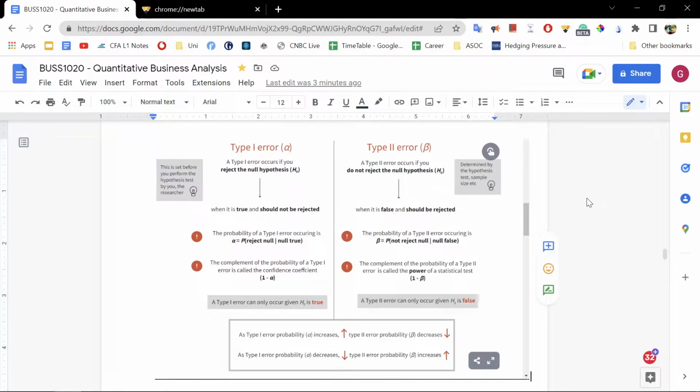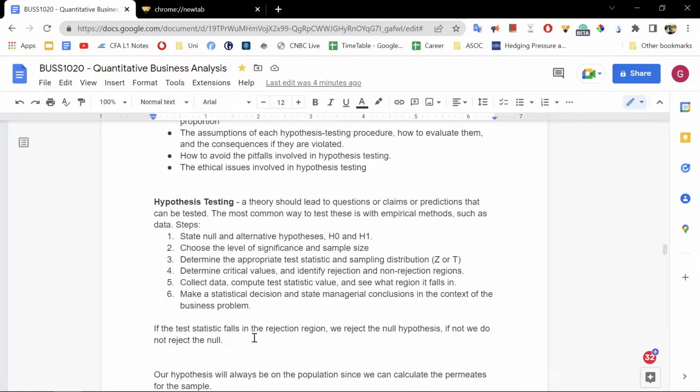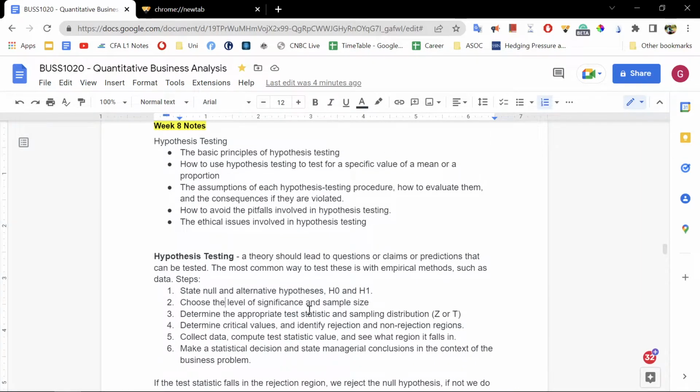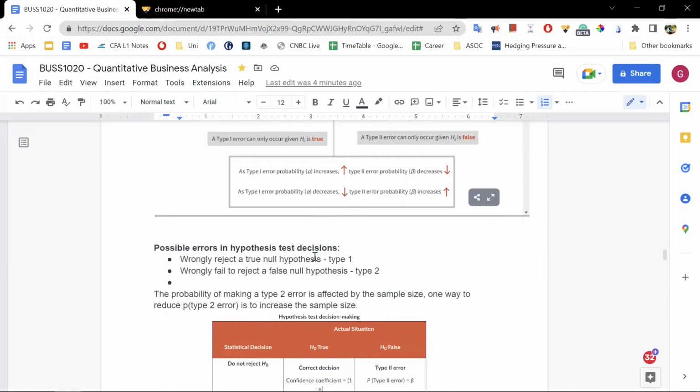We could calculate the probability of a type 1 error and also the probability of a type 2 error. We're not going to be doing that, however you just need to know that you are able to calculate that. The probability of type 1 error is just equal to alpha, which is the level of significance. It is also denoted as type 1 error.